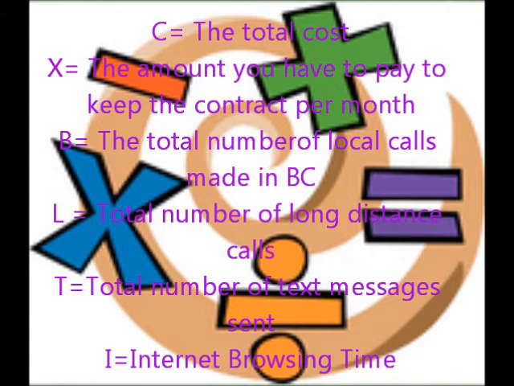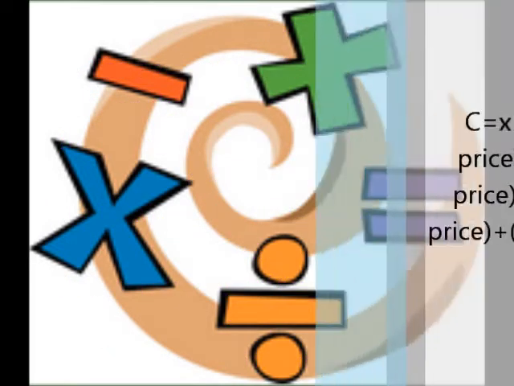I realized I would need a lot of variables, so C would equal the total cost. X would equal the amount you have to pay to keep that contract month, so the constant number, the solid number. B would equal the total number of local calls made in BC. L would equal the total number of long distance calls, T would equal the total number of text messages sent each month, and I would equal internet browsing time each month.